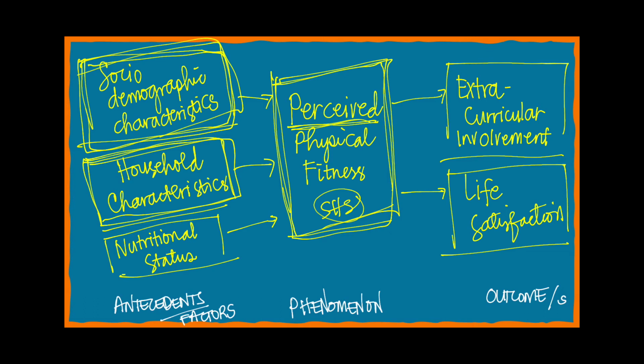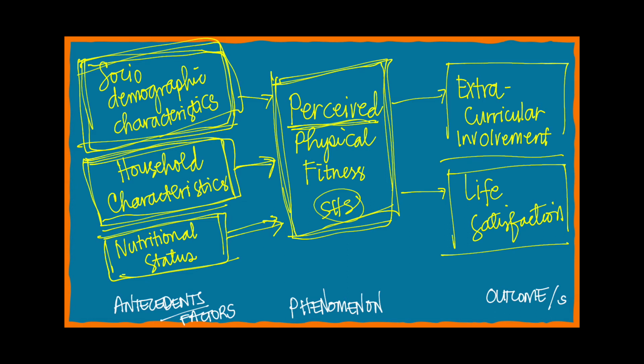The income level of the family, the characteristics of the mother, the characteristics of the father may have an influence on the person's physical fitness. And then also the nutritional status of the adolescent may also influence the person's physical fitness. So these could be possible antecedents or factors for perceived physical fitness.